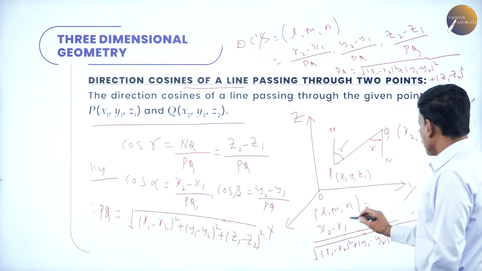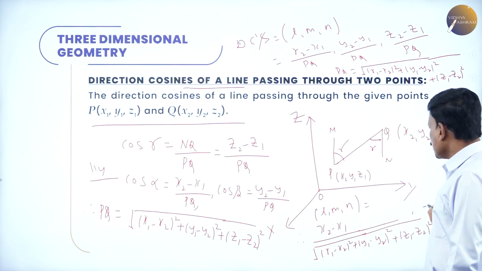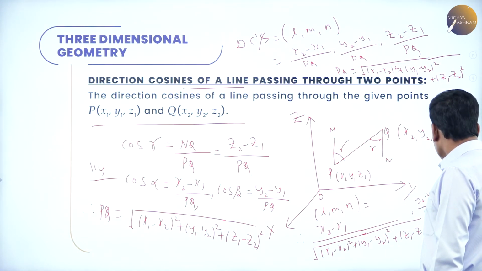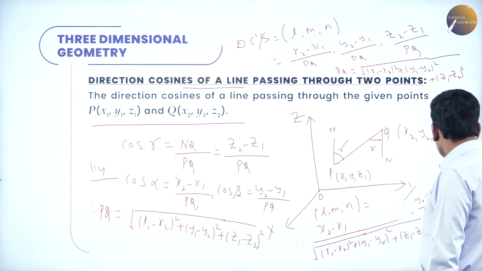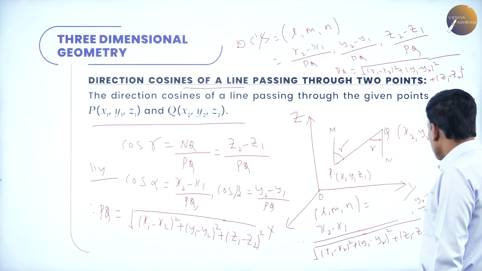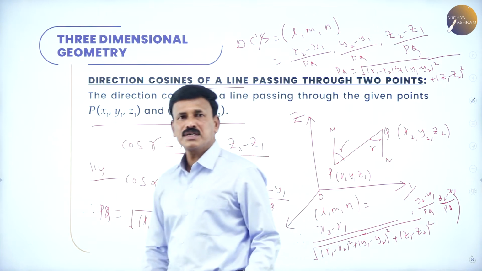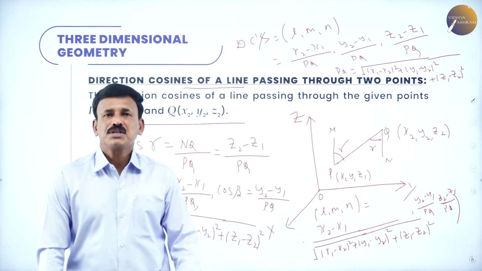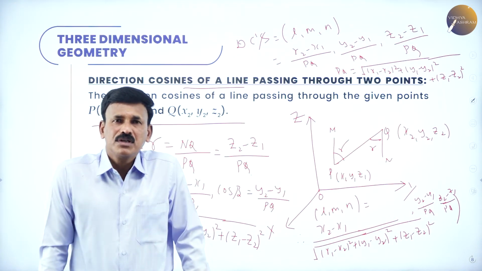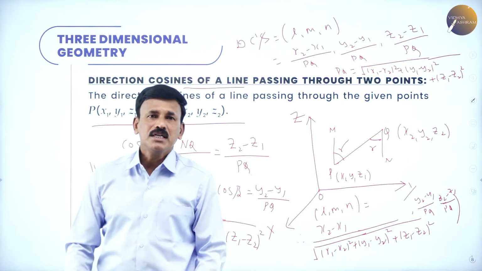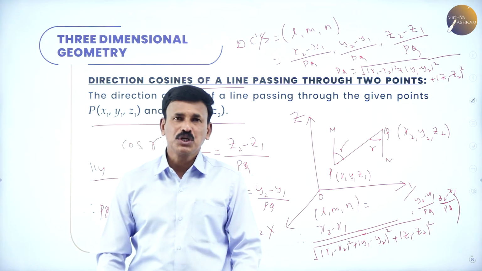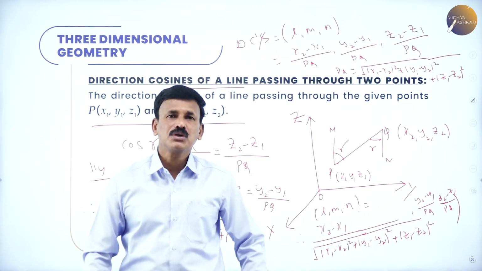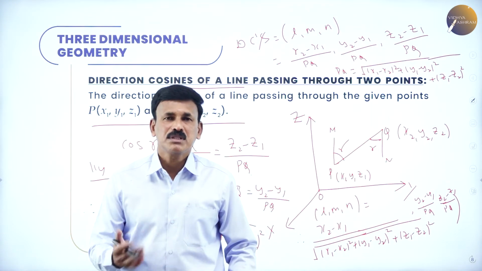Similarly, y2 minus y1 divided by PQ, and z2 minus z1 divided by PQ. So this is how we find the direction cosines. The direction cosines of a line passing through the points x1, y1, z1 and x2, y2, z2 is given by x2 minus x1 divided by the distance PQ, y2 minus y1 divided by PQ, and z2 minus z1 divided by PQ.